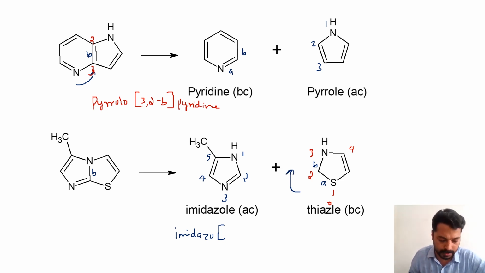It is A here. Number is 1, it is 1 and 2. Since it is moving in this way, it is imidazo[2,1-b]thiazole.